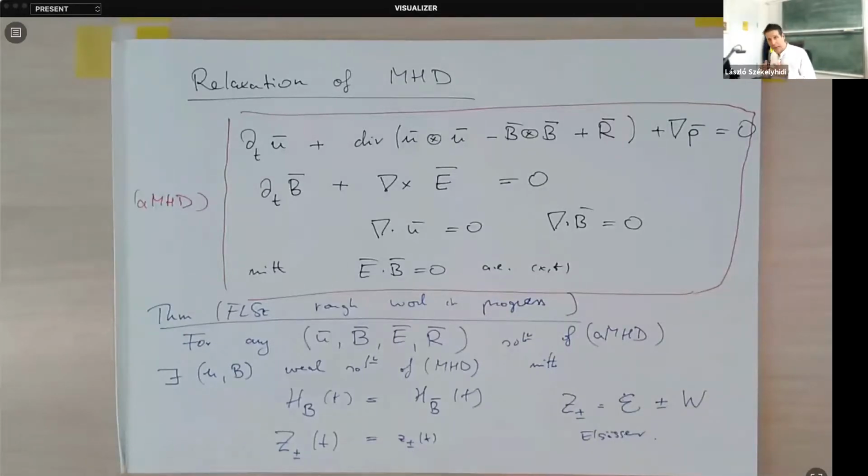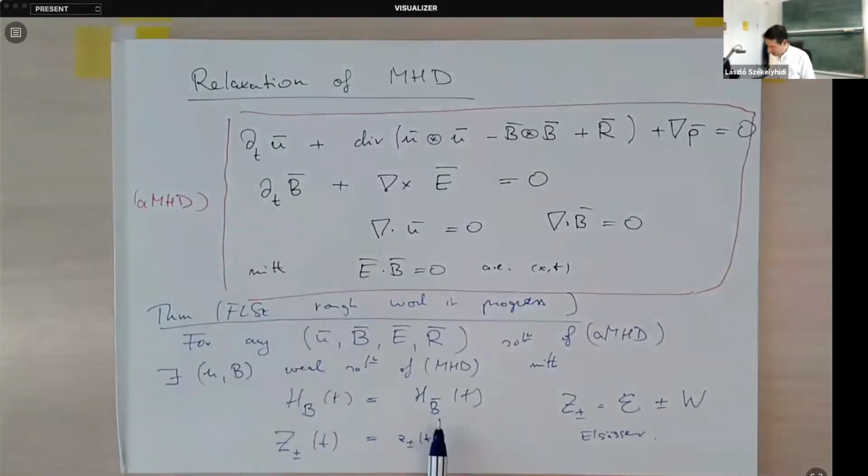So we can have a fast relaxation of kinetic energy and slow relaxation of magnetic energy. But this theorem can also be used to give counterexamples just below the Kang-Lee scale.